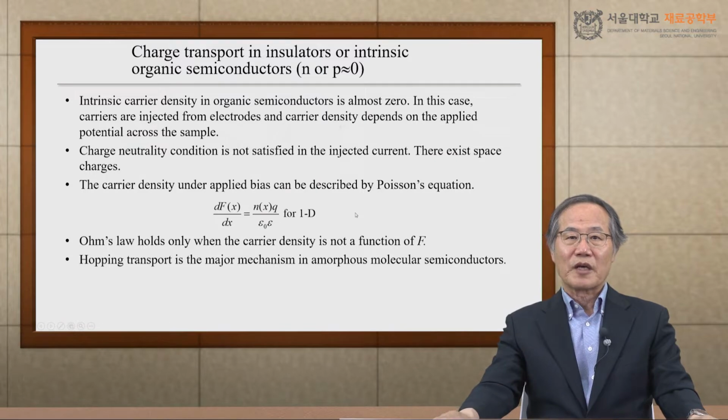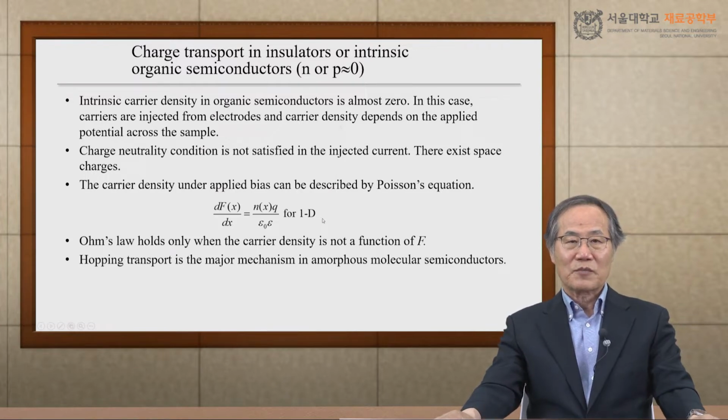Because of these characteristics, Ohm's law does not hold in organic semiconductors, because Ohm's law holds only when the carrier density is not a function of the electric field F. I described that the carrier density depends on the electric field and the applied potential across the sample.